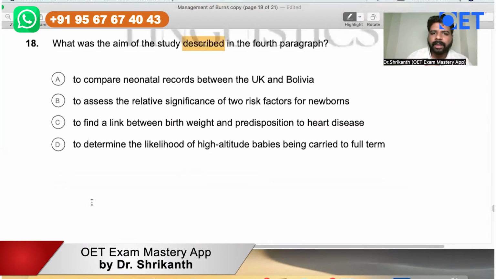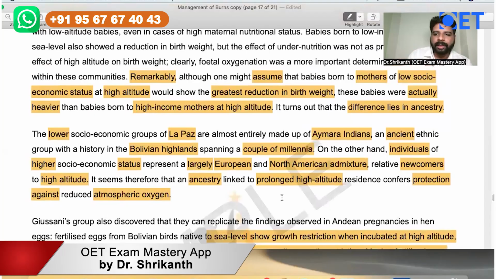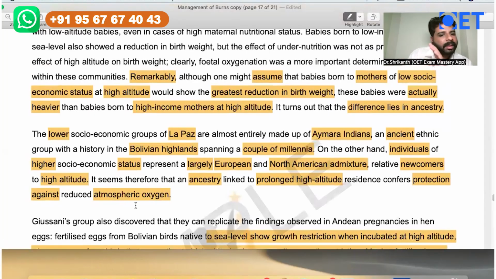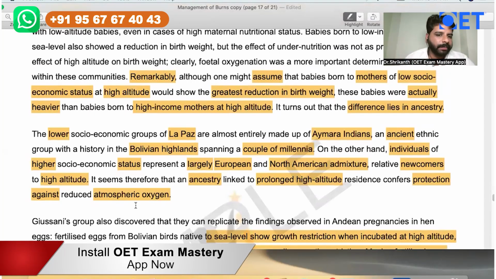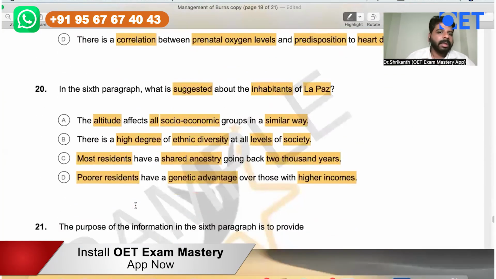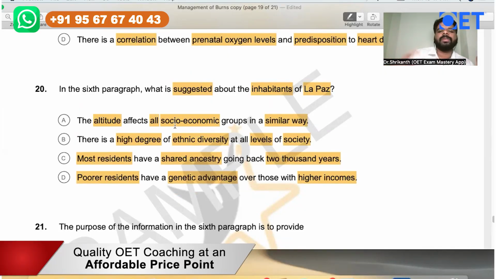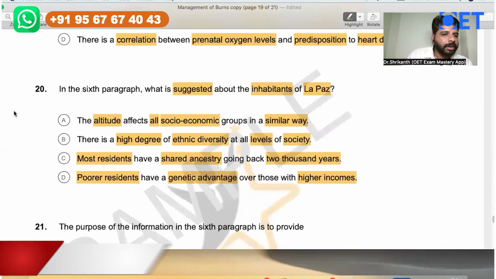No. Because here they're telling us it is the poor people who have more protection against reduced atmospheric oxygen. So it is not entirely correct. Therefore the altitude does not impact everyone equally. The altitude affects the rich people worse and the poor people less, because the poor people have more protection against the high altitude. So it is basically the opposite of answer option A.